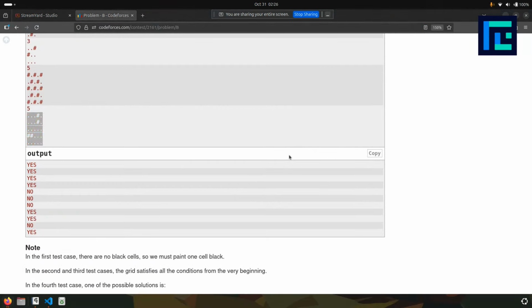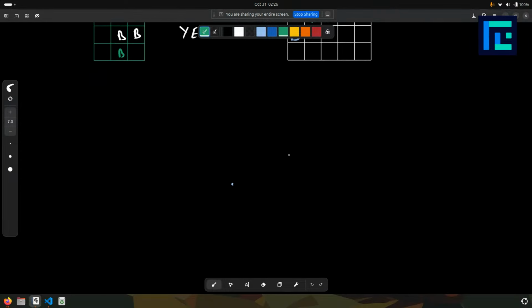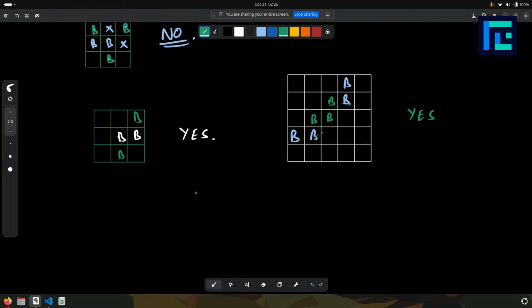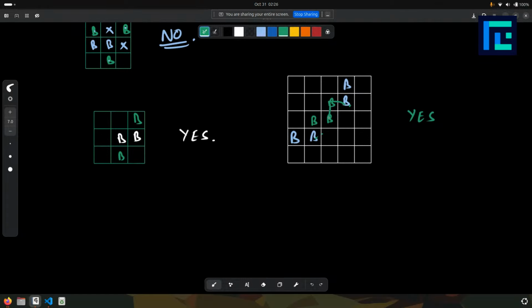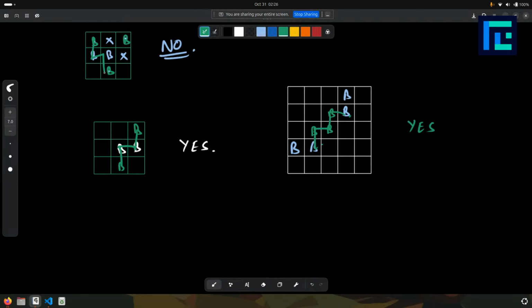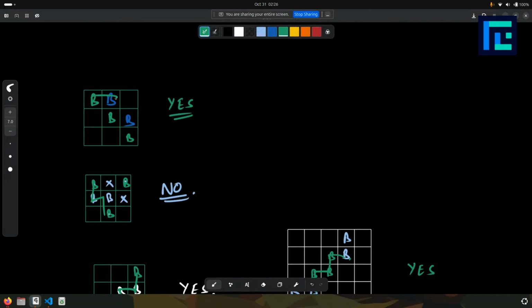So let's try to analyze the question a little bit. We can see that we are coloring only in these types of patterns. We have already seen that through the test cases. We see this pattern in all the test cases.